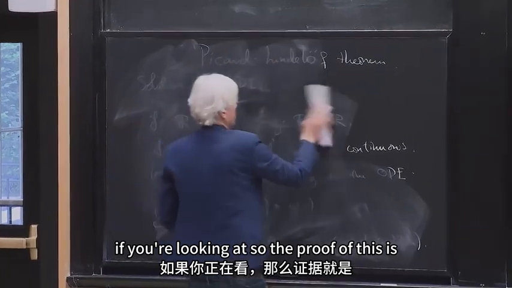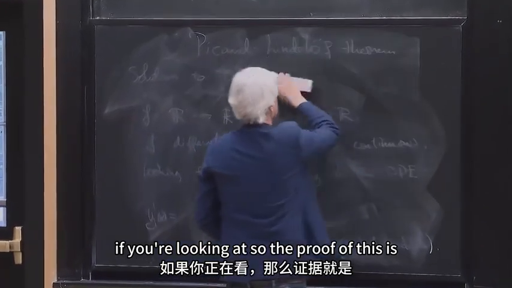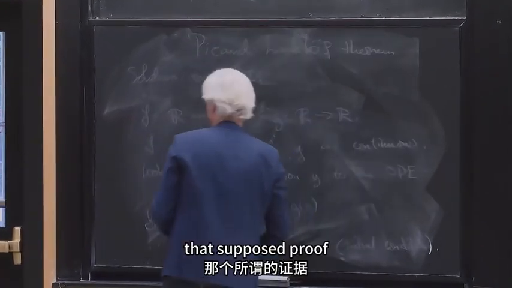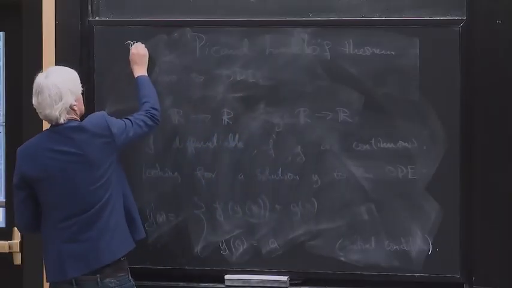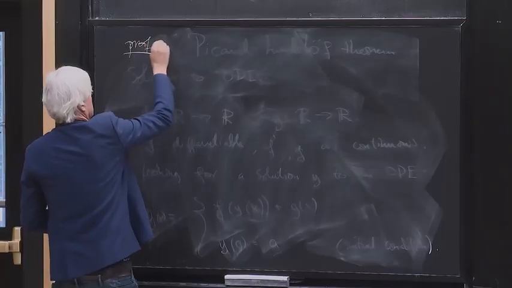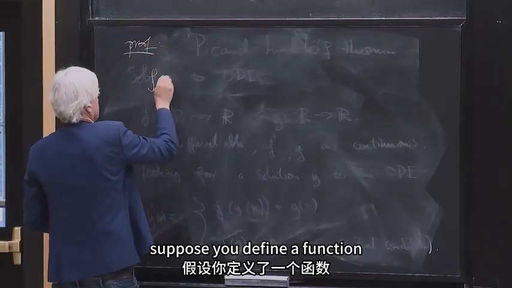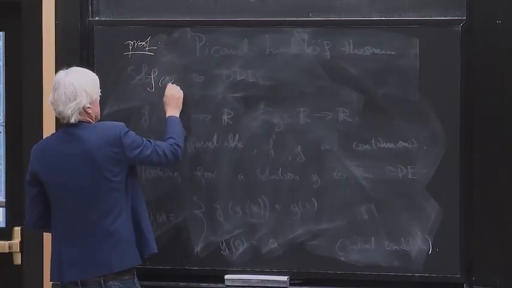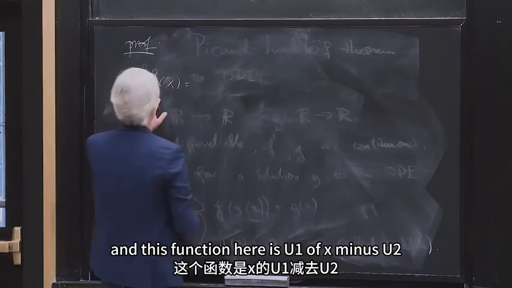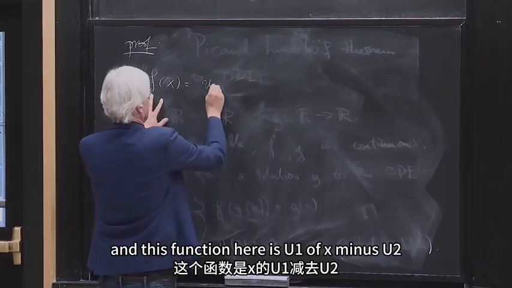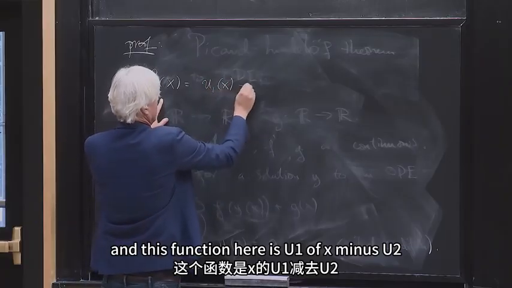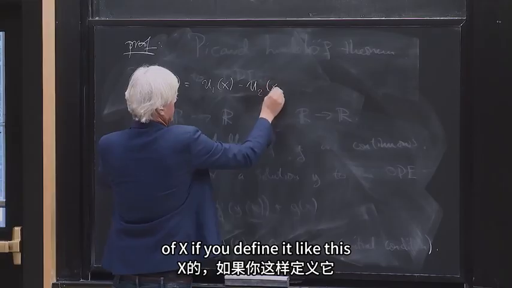The proof of this is that suppose you define a function f of x equals u1 of x minus u2 of x.